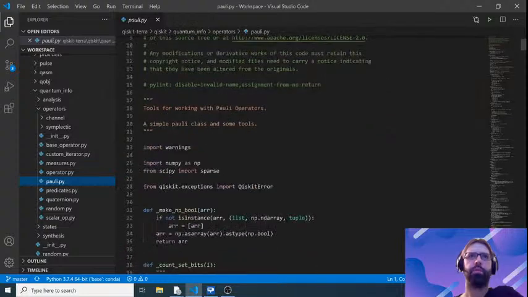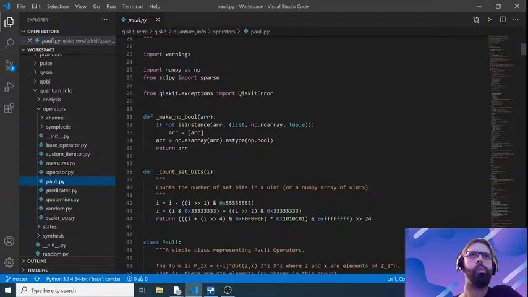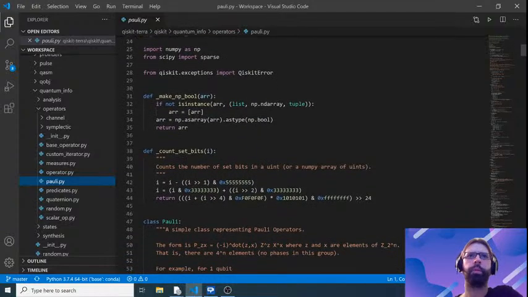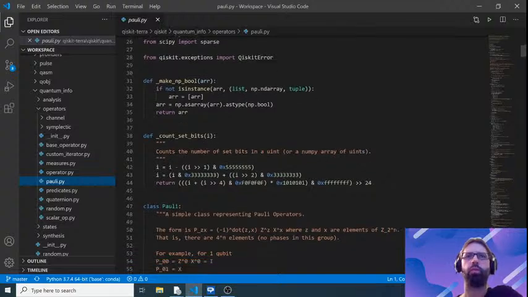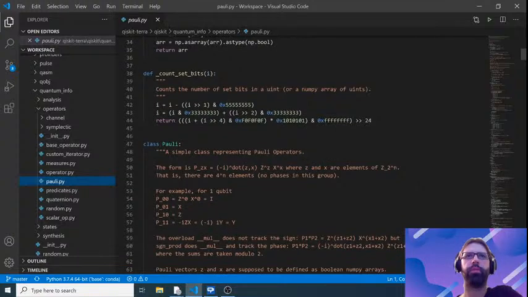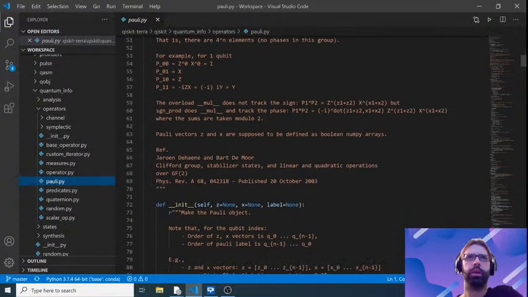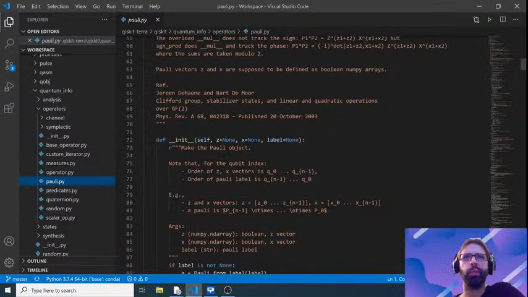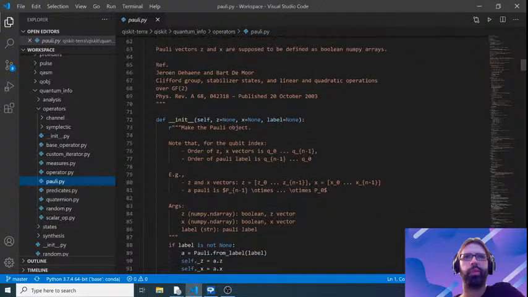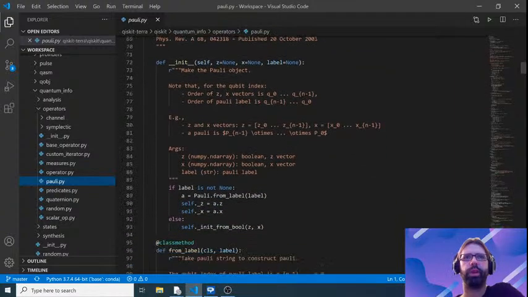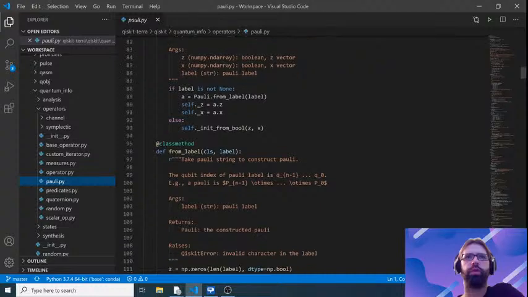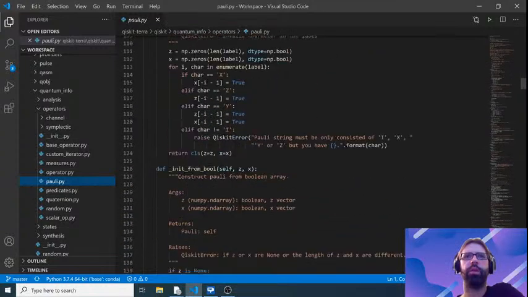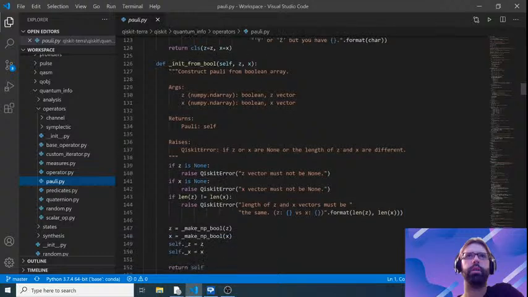Okay, so we've got Pauli, tools for working with Pauli operators. Class Pauli. Set vectors, arguments, from label. Okay, so that's the same idea. From bool.